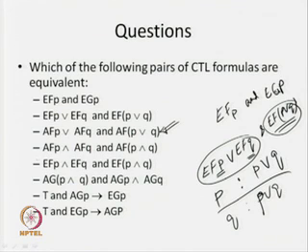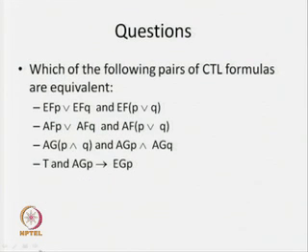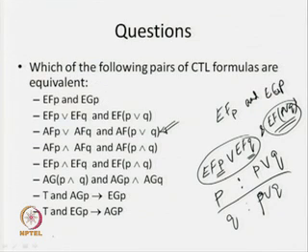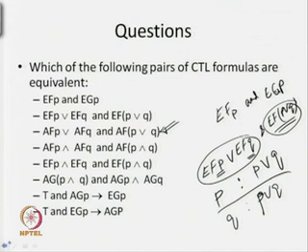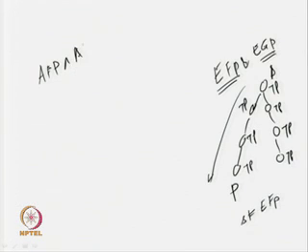Now, look at this fourth equation, AFP and AFQ, and AF(P and Q). So, we are going to say AFP and AFQ for the first formula, and for the second formula I am thinking of AF(P and Q).